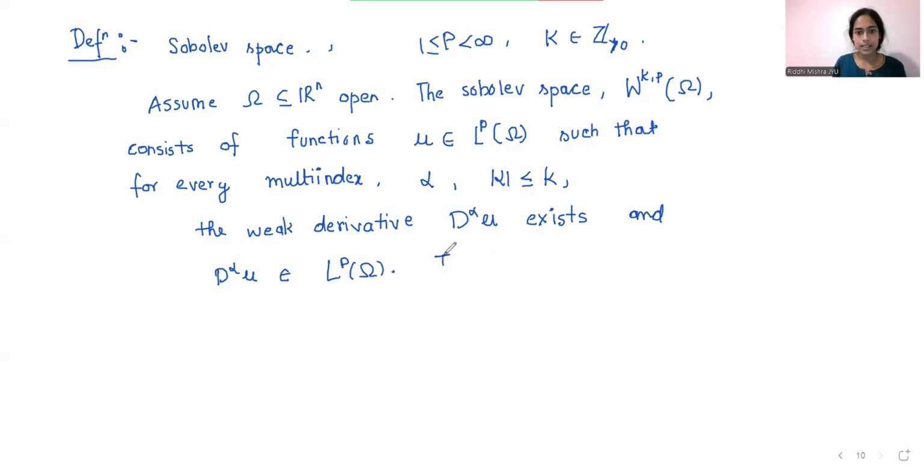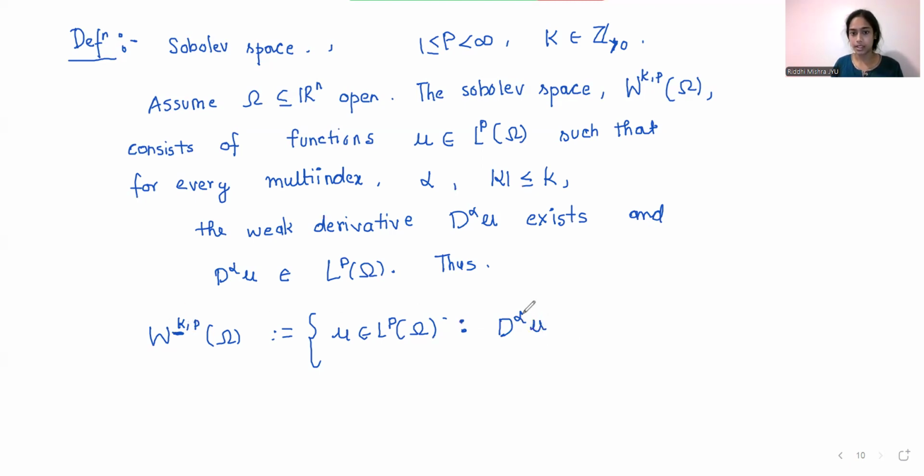So in set form, I denote WKP omega as the collection of all those LP integrable functions such that, and K is important here, all weak derivatives up to order K exist.